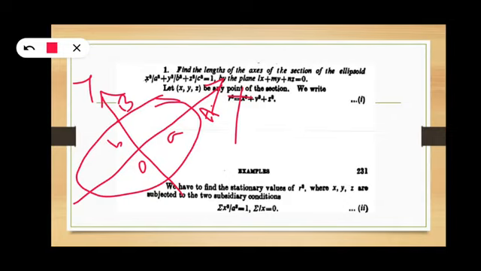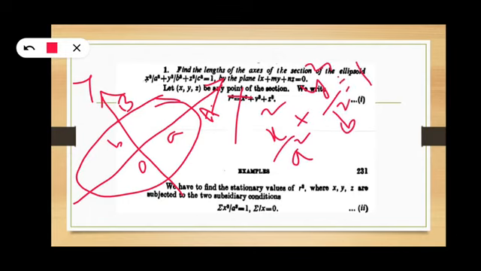We know the equation of the ellipse is x square by a square plus y square by b square is equal to 1.